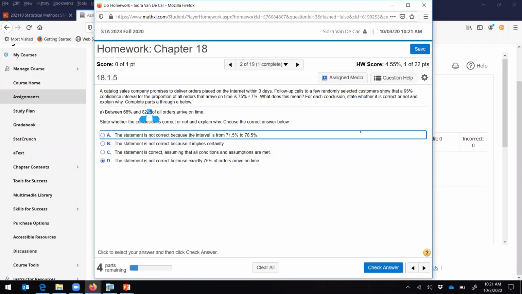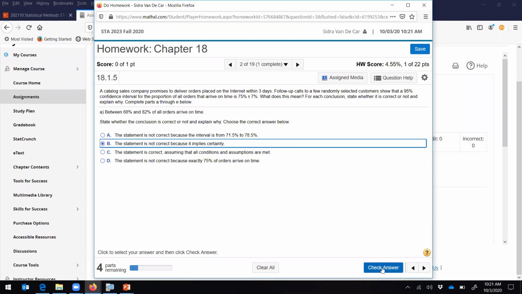All right, so that's what we would expect with 95% confidence: that our actual mean would lie somewhere in that interval. So no, it is not correct to say between 68 and 82% of orders arrive on time, because that implies certainty.